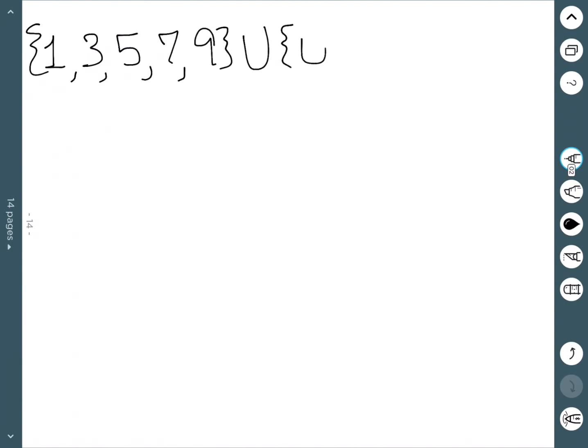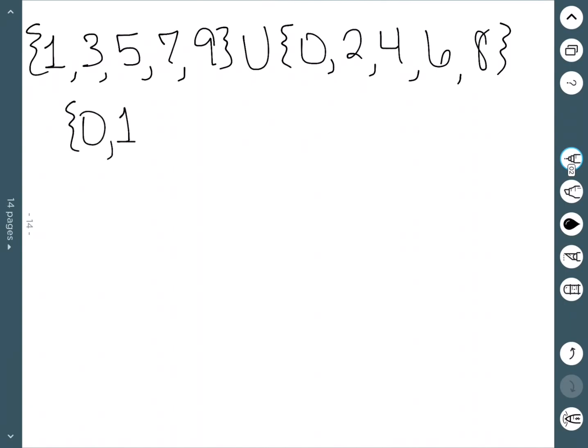We'll do one more example. If I have the odd numbers 1, 3, 5, 7, 9, and I want to union with my even numbers 0, 2, 4, 6, 8, my union would then just be all of the numbers between 0 and 9.